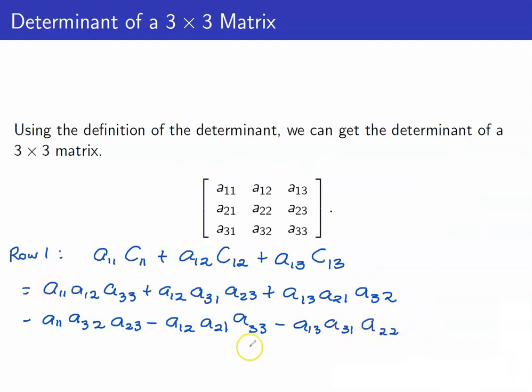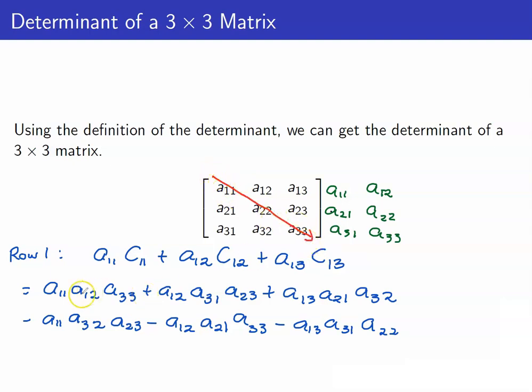This is now the determinant of A, but of course it will be very difficult to memorize that. What you need to do is to copy the first two columns. And then you draw diagonals going down. Look at this one.